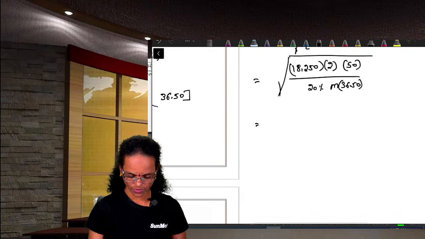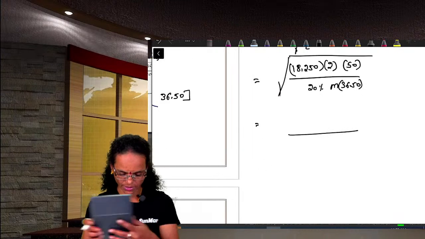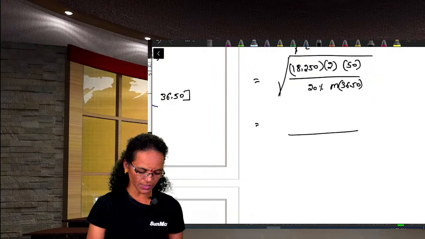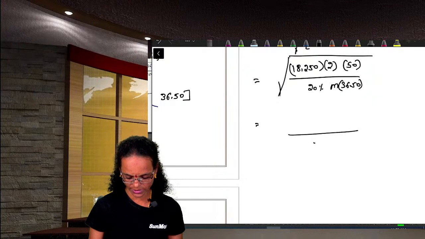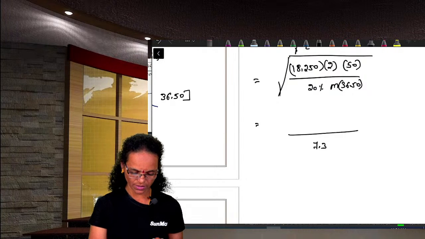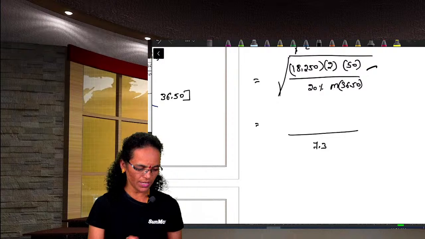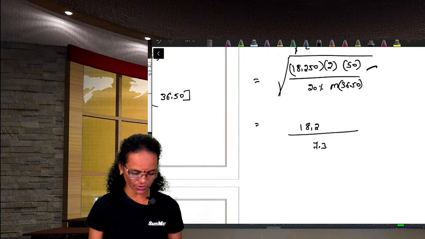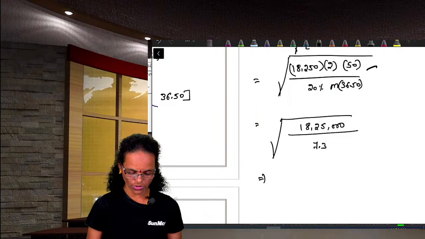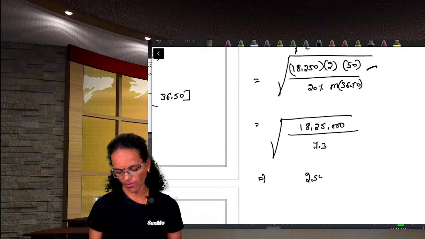So here 36.5 into 20%, you first calculate 7.3. Next, 18,250 into 2 into 50 is 18,25,000 total, under root. So to the same answer you divide by 7.3, you get 2,50,000.